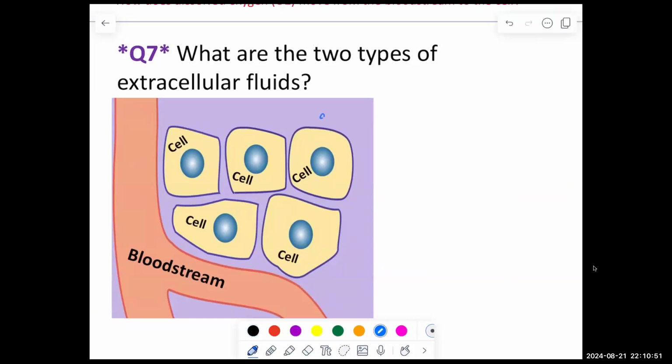What do you call the fluid in blue? Interstitial. What do you call the fluid that's in the bloodstream? What about the fluid that's actually inside the cell?